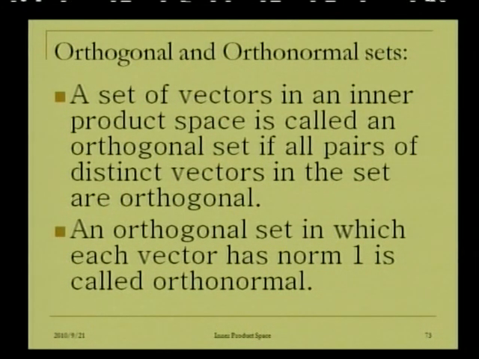So to check whether a set of vectors is orthonormal or not, first we should check whether it is orthogonal or not. If it is not orthogonal, it cannot be orthonormal. So for a set to be an orthonormal set, the two conditions are: first, it should be an orthogonal set, and second, the norm of each vector of this set must be equal to 1.